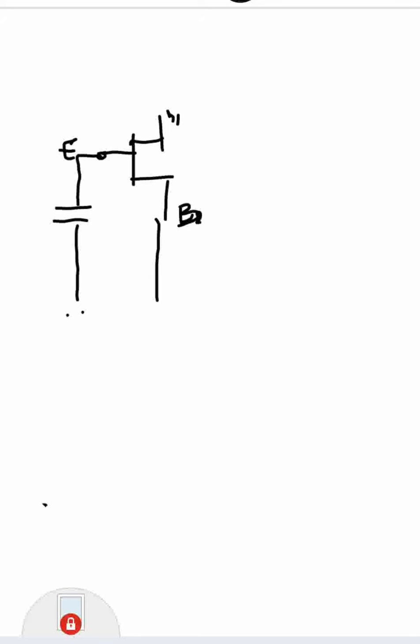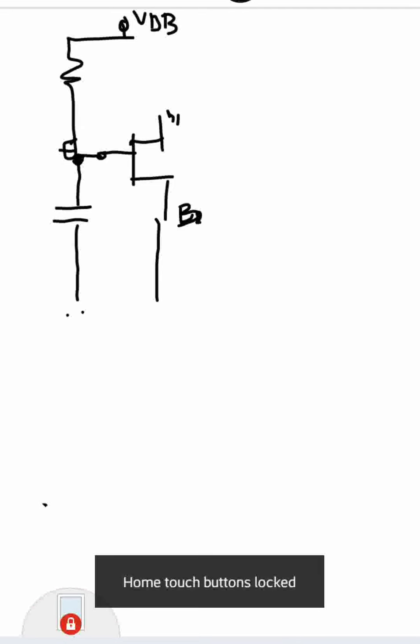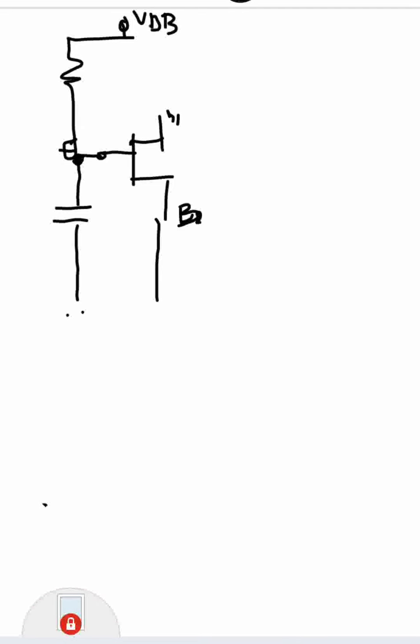Now, to charge this capacitor to a particular voltage VP, I will use a resistor and a DC power supply. This DC power supply we normally call VBB. In analog electronics also, when the double subscript comes, it means it's a power supply.